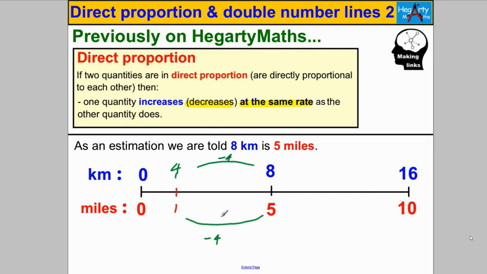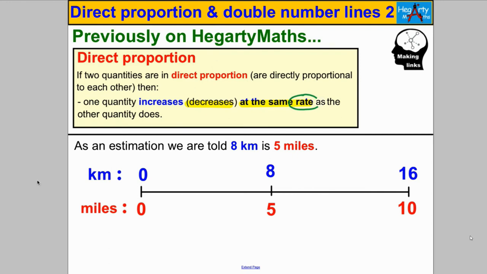Now, hopefully, you understand that proportion is not about adding or subtracting. The two things are in the same proportion if they increase or decrease at the same rate. And the key here is the word rate. And rate is all about scaling things up and down, multiplying and dividing. It's not about adding and subtracting. So I thought it's really important to point that classic mistake out for you there so you avoid it when you're dealing with quantities in direct proportion.